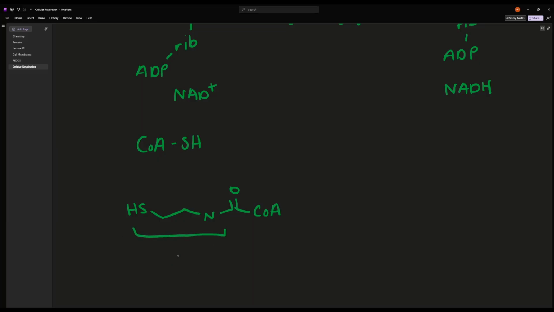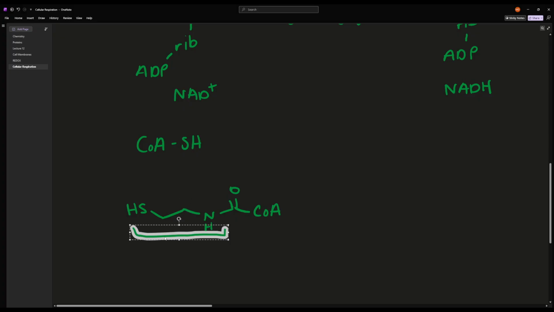Fun fact, this is a derivative of the amino acid cysteine. Okay, here's its N terminus. The C terminus was originally here. It was removed through a decarboxylation reaction. Anyways, cool. It's a derivative of cysteine.